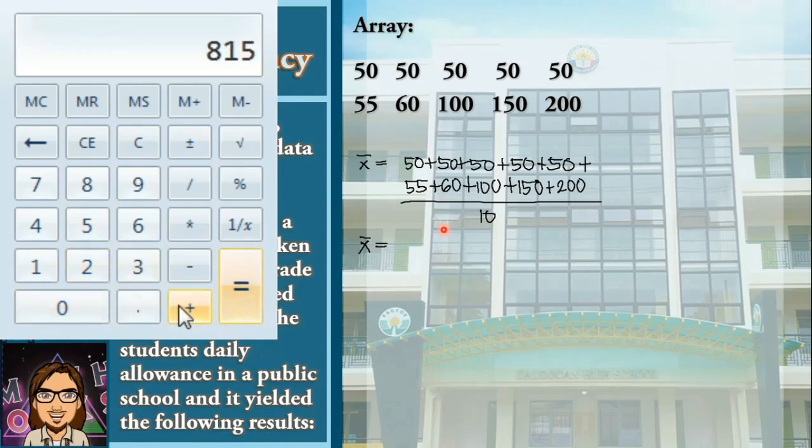And that would be equal to 815. And this will be divided by 10, giving us a value of 81.5 for our mean.